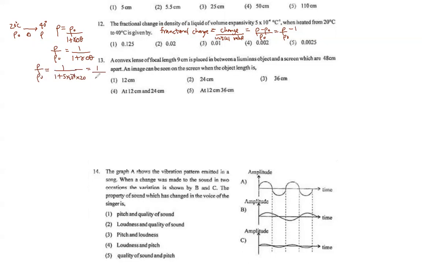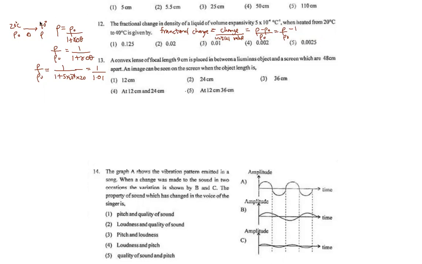So that is 1 over 1.01, correct? Now they are asking for the fractional change in density. Yeah, this is the equation: change divided by initial density. From the final density you subtract the initial density, and you need to divide by this.